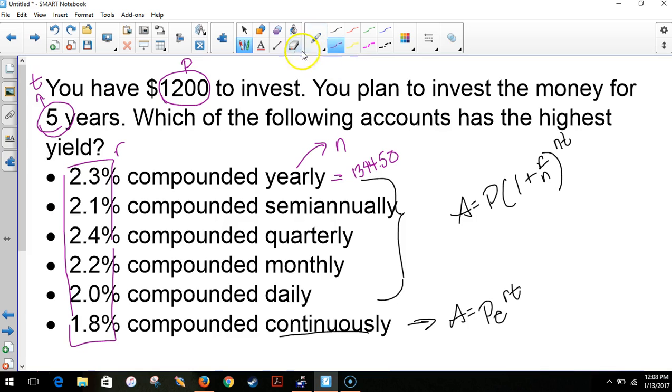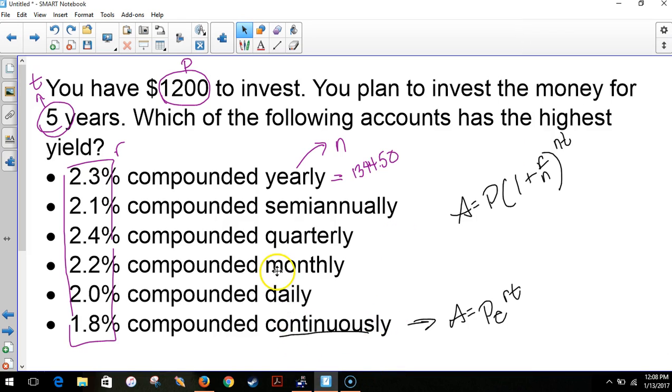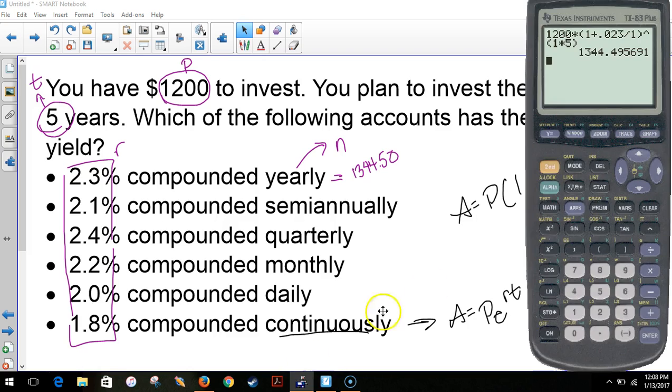That's yearly. I'm going to get this out of my way so I have some space to write the next ones. So now I want to find semi-annually, and I want to do so with a different rate. So I don't have to type it all in again, I'm going to hit second, enter, and the last thing that I typed in will come up. Now I can arrow over the pieces that need to be changed.